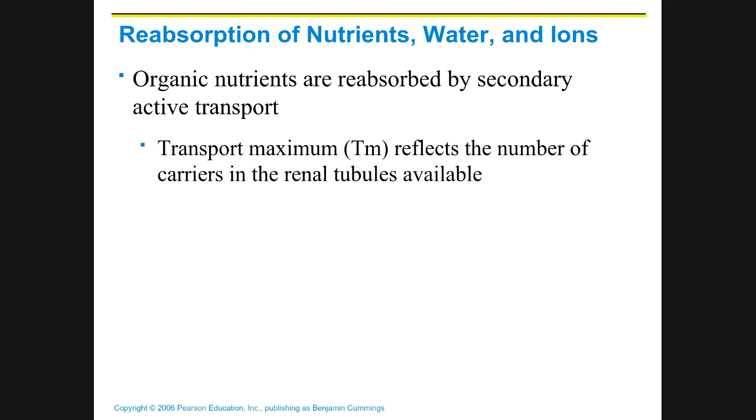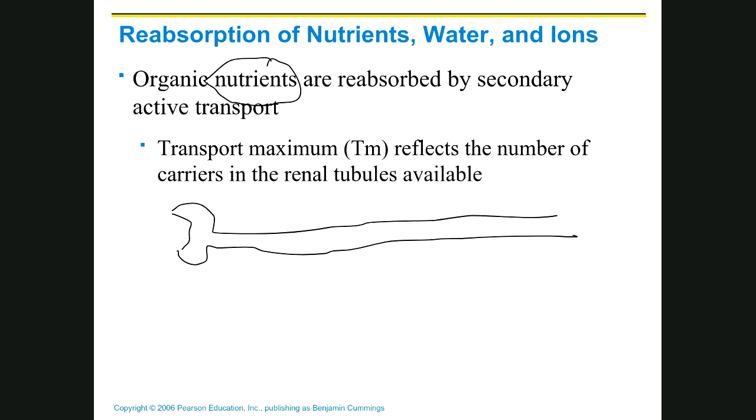Let's look at nutrients. So nutrients, remember, they enter the tube. We don't want them to get excreted, and so we're going to have to get them out. Well, let's look at, say, glucose. If you remember, glucose is in your blood.